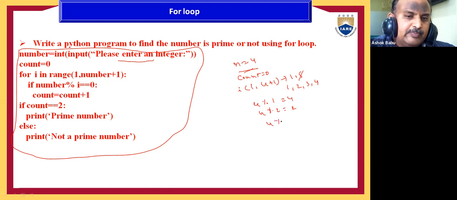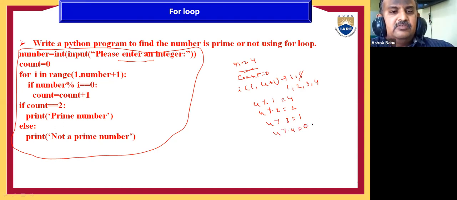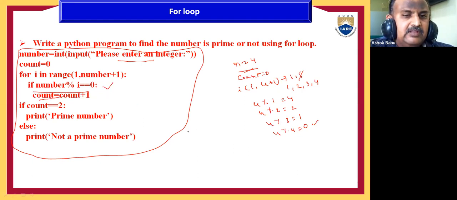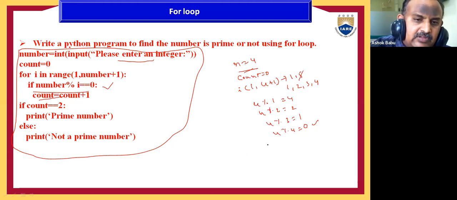Then 4 % 3 equal to 1. Then 4 % 4 equal to 0. So here, if number % i equal to 0, then count is incremented, count equal to count plus 1. Now count is 0 plus 1.